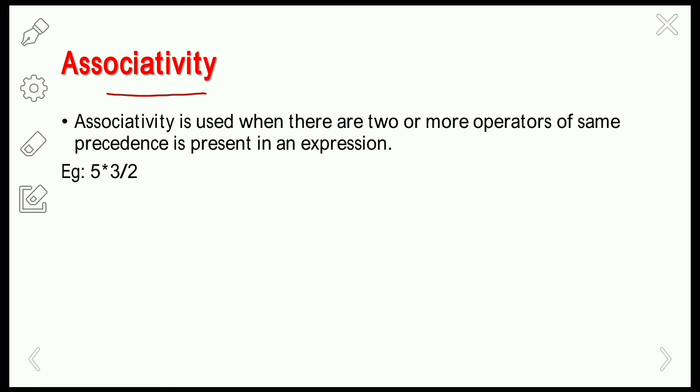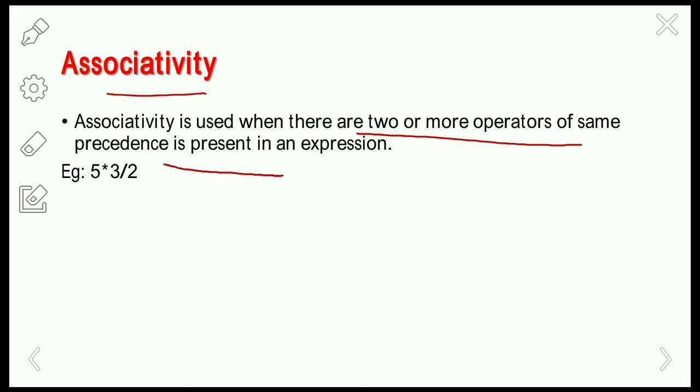For that we go to associativity. It is used when there are two or more operators of the same priority in the expression. If the precedence levels of operators are the same, then the order of evaluation depends on their associativity or grouping. This affects how an expression is evaluated.